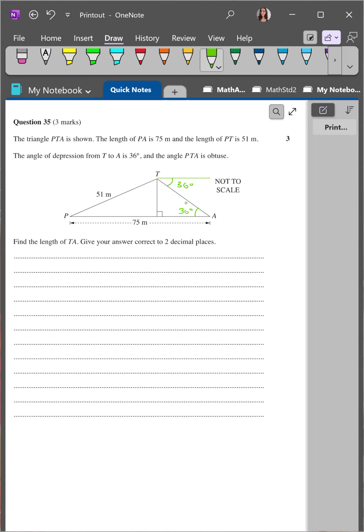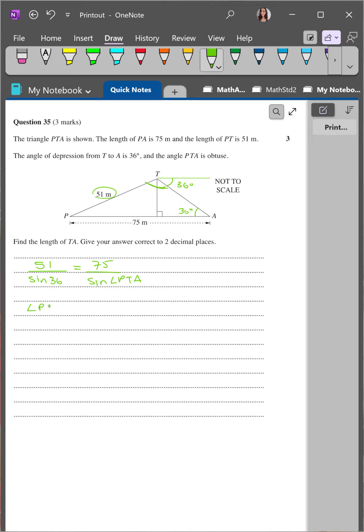So firstly, this 36 degrees is opposite the 51, and then we have this 75, and that's going to be opposite this angle here. I'm thinking let's start here. For this, I'm going to use the sine rule. So let's do 51 over sine 36 equals 75 over sine angle PTA. So this angle up here, PTA.